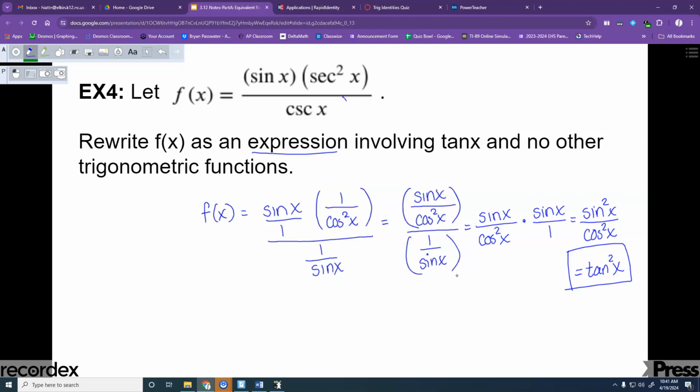You just can't have any sines or cosines, secants, cosecants in there. So as soon as you get it to where there are nothing but tangents left, then you can stop for that. Unless it's multiple choice, then make sure it matches the answer choice there. Okay, questions? All right. Let's keep going.